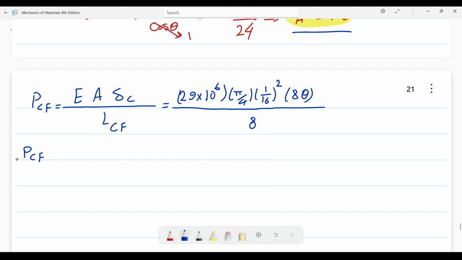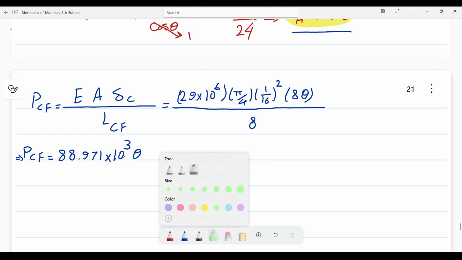PCF equals 88.971 multiplied by 10 to the power of 3 theta.